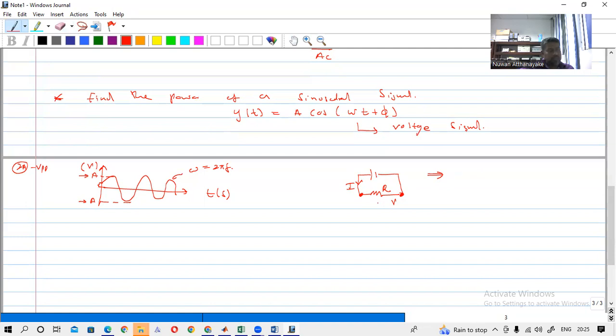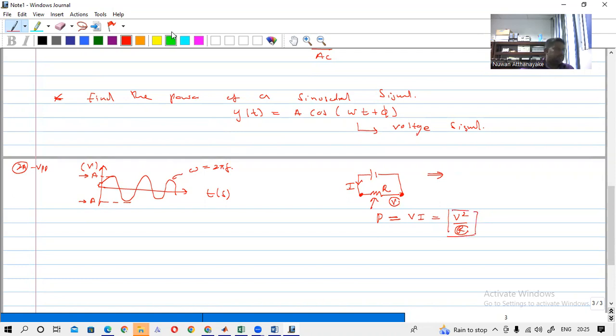If you need to find the power dissipated in this resistor, you know that it is equal to VI and also V square by R. You know the voltage and you know the resistor, so the power is V square by R. You can find the power like this.